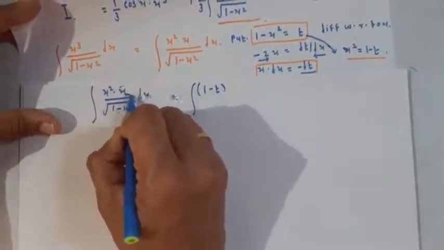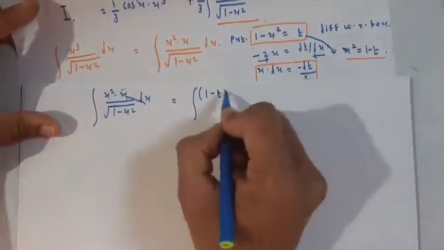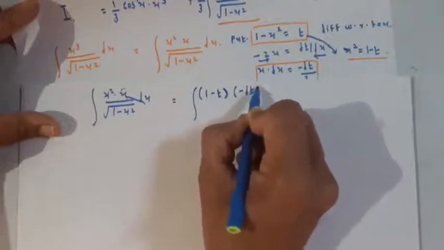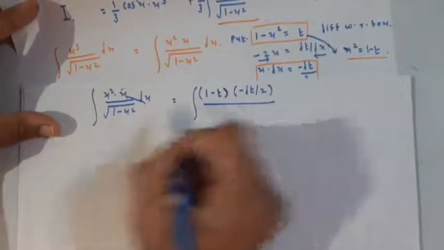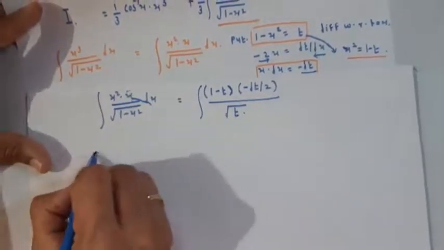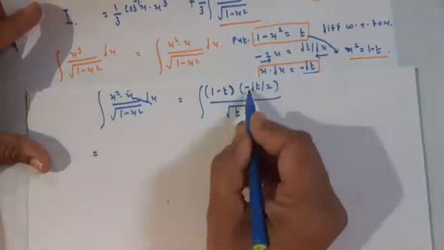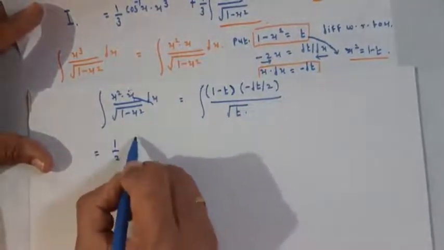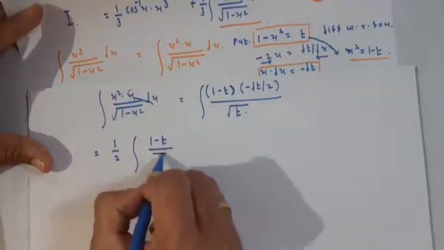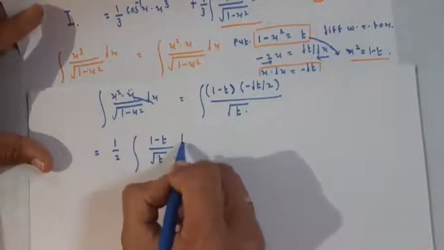And therefore, in the integration, x square is 1 minus t, and x into dx is minus dt by 2. This is minus dt upon 2 and upon square root of t. And now our integration is minus 1 by 2 outside the integrand, 1 minus t upon square root of t with respect to t.